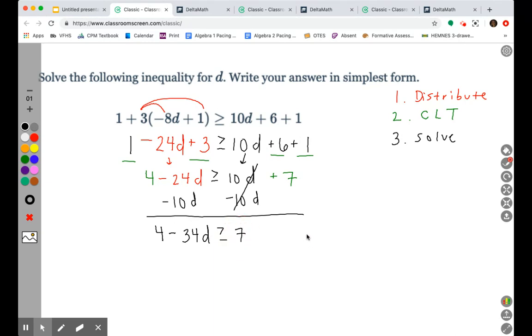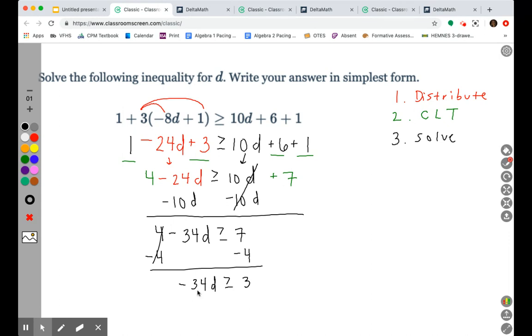You want to keep solving, so you want to get the d all by itself. So you want to get the 4 to the other side, so you're going to subtract 4 since it's positive. And you'll be left with negative 34d is greater than or equal to 7 minus 4 gives me 3.